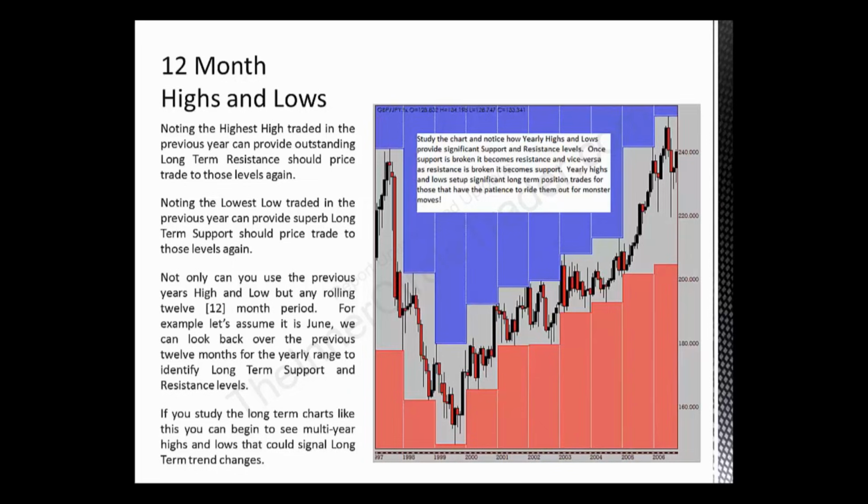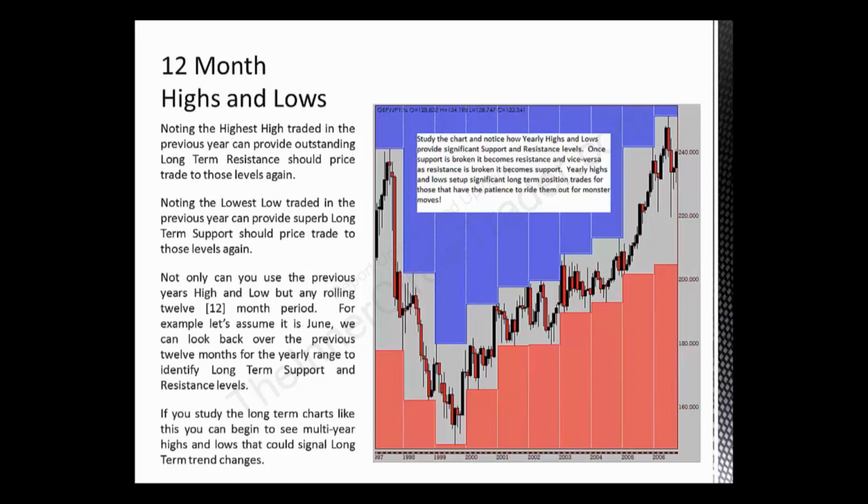This is actually giving you a turtle soup setup, where turtle soup is just a false breakout, and it moved above the 1997 high, and then it quickly rejected and moved a considerable amount of pips lower. Now, it did return back to that 240 level, but it still moved a significant amount of price movement in terms of pips. And that's really all you're looking for. You're looking for scenarios that give you high odds setups.